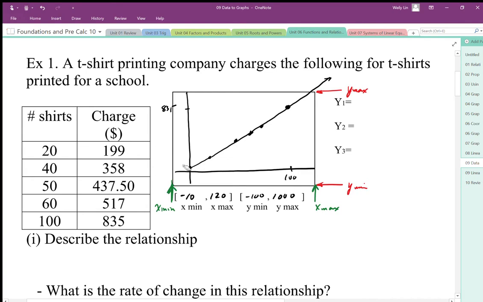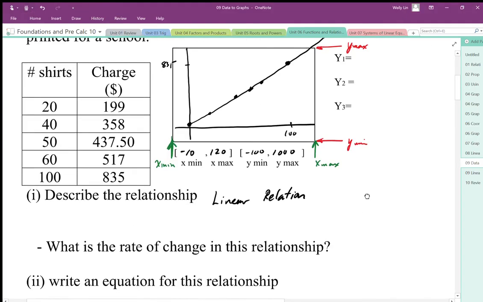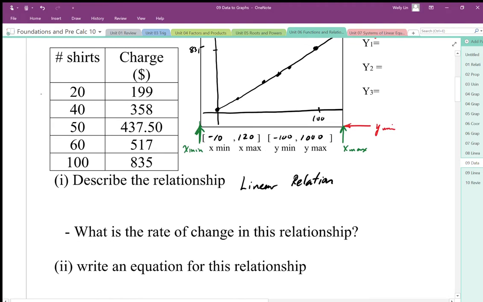It's not going to quite go through the origin, so I need to figure out what this looks like. I'm going to start with the fact that this is a linear relationship, so it's got a slope to it, and it's got some starting position to it. I'm going to start with the rate of change, or the slope, and I find the rate of change on the outside of the function like this. So plus 20 shirts, I end up plus $159.